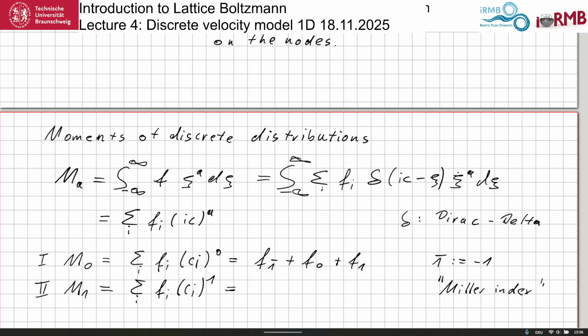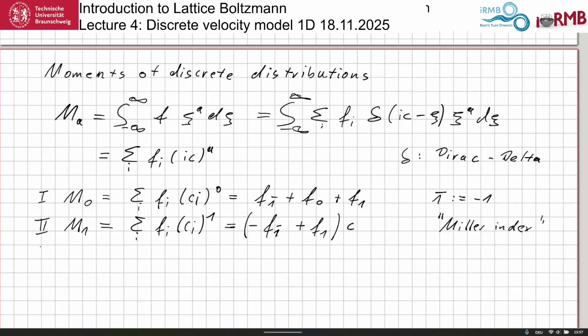Now i is 0 here, so that term will disappear, and what we are left with is minus F1 plus F1, and to be accurate, we multiply this by C. Then the third one, M2, is the sum of Fi Ci to the power of 2.